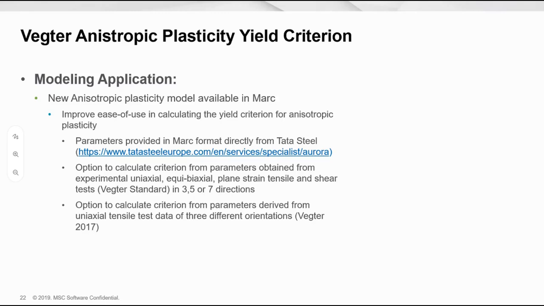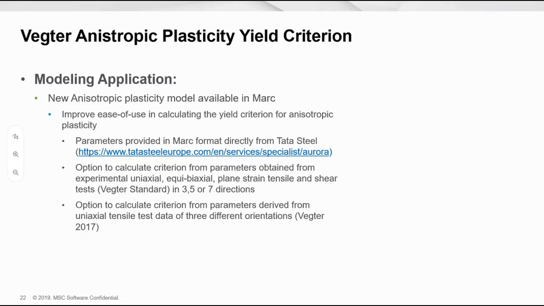Secondly, you can calculate the parameters obtained from experimental uniaxial, equibiaxial, plane strain, tensile, and shear tests. This is what we call the Vegter standard in 3, 5, or 7 directions. And then the last method, one of the intriguing aspects of it, is that in 2017 some papers were published which show that this criterion works with parameters that you derive only from uniaxial test data in 3 different orientations.